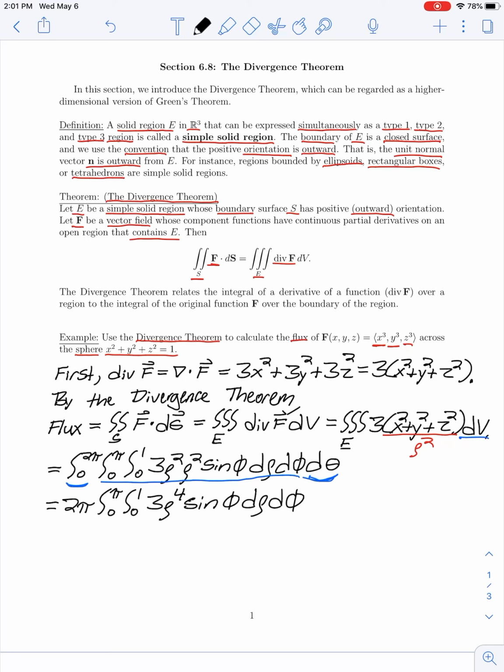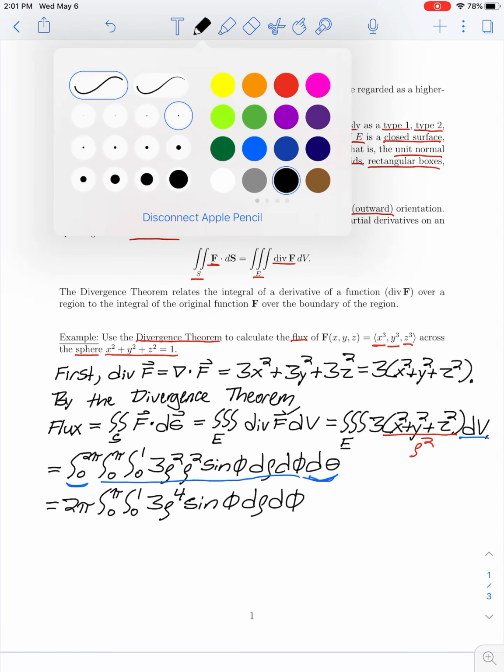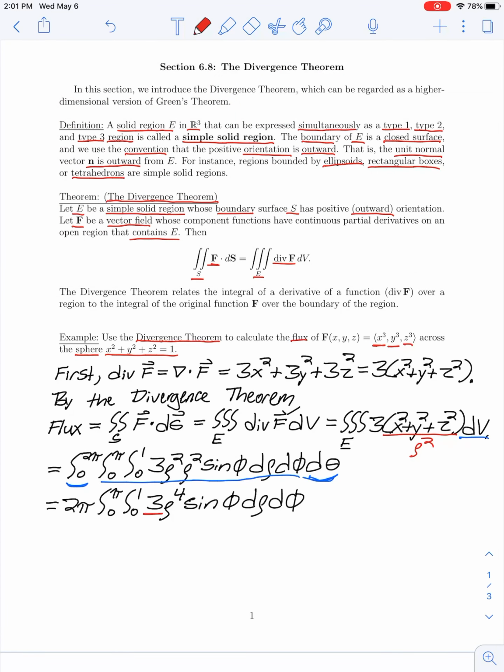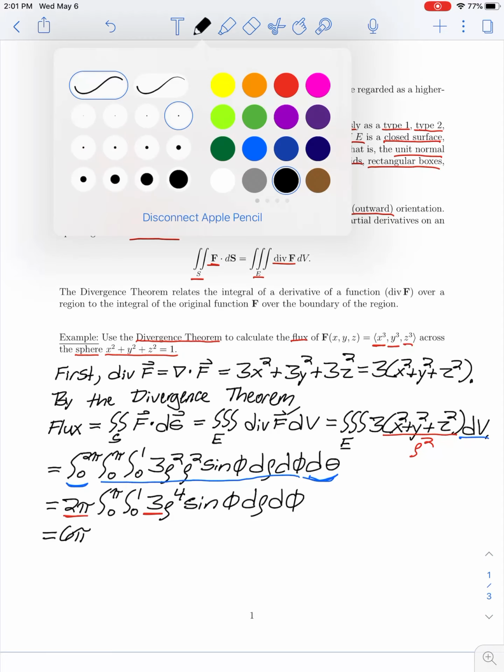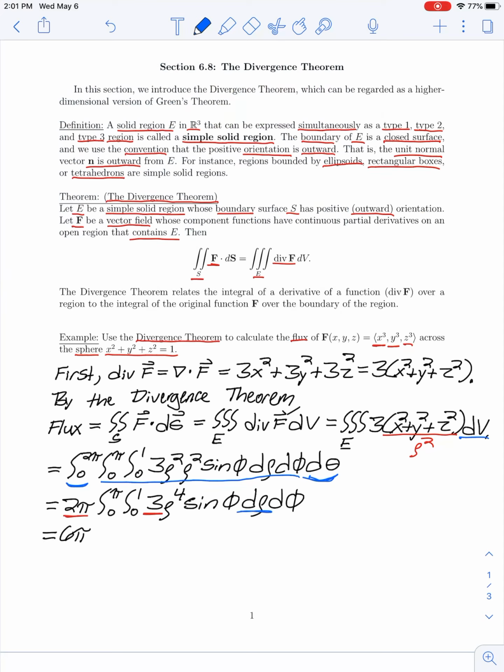So now, to evaluate this integral, we could think about pulling our constant 3 out in front with the factor of 2 pi. So this would give us a 6 pi. And then our inner integral with respect to rho, well, we can pull out anything that is a constant with respect to rho.